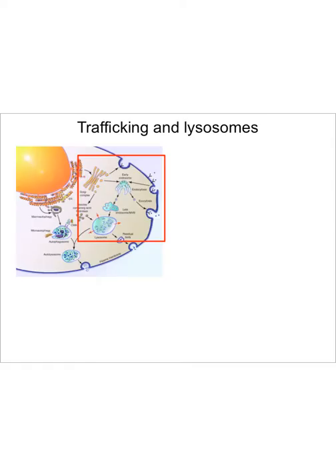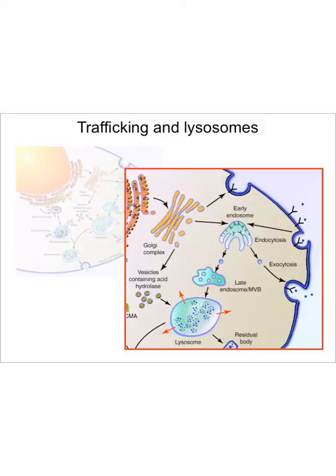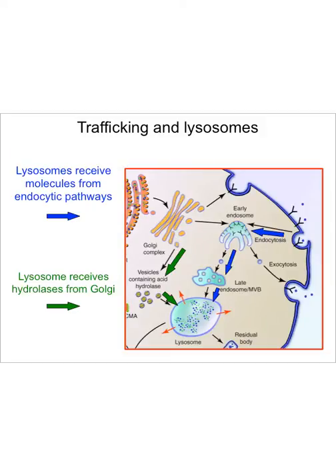Now, to get some idea about how lysosomes and lysosomal storage diseases work, we're going to zoom in on a small portion of the cell to look at membrane trafficking pathways involved in lysosome biogenesis and where they get their substrate for disposal. The lysosome receives input from two major pathways.